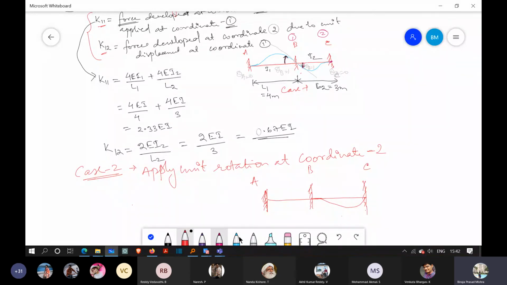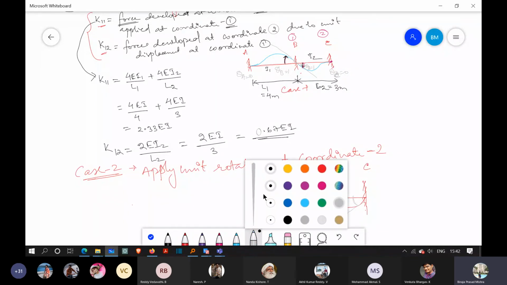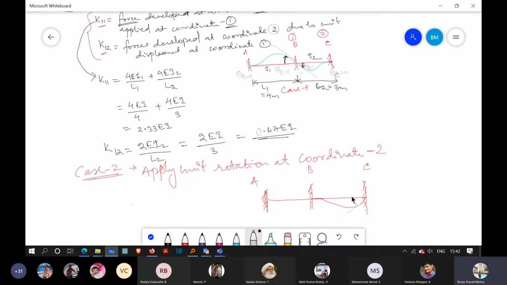So this one is theta C equals 1, theta B will be 0 because this is a fixed end, and theta A is 0 by default here.